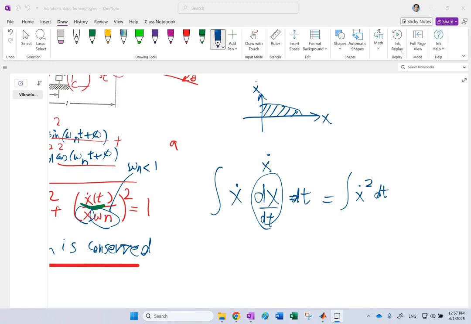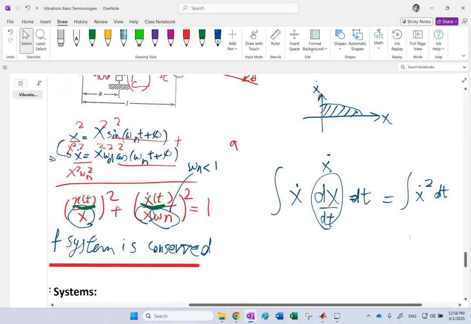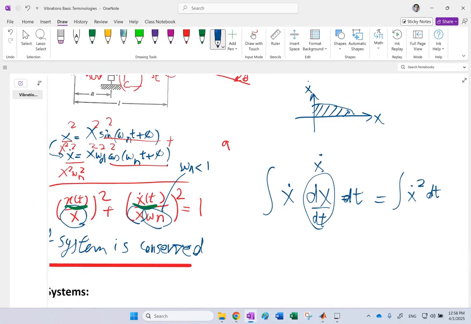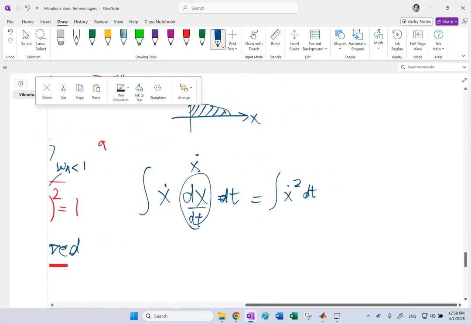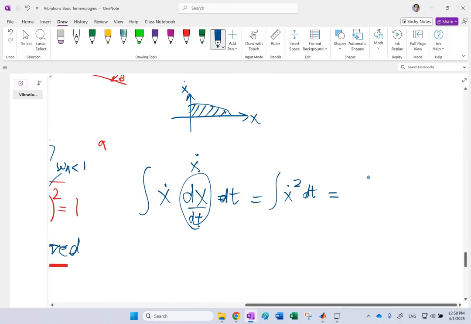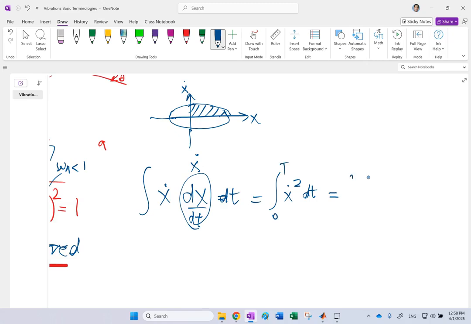Now, in this case, remember your x dot is actually this one. This is your x dot. So if I go and plug it in, and I have to do it over one period, because over one period you go over one curve and come back to the start and repeat. So I integrate this from 0 to T. So it's going to be 0 to T of what?